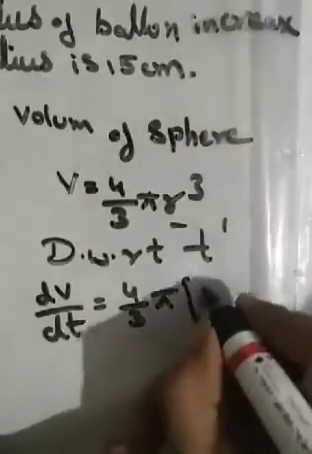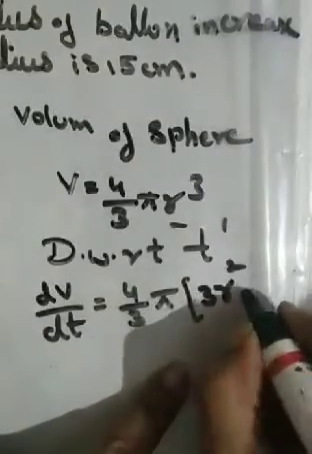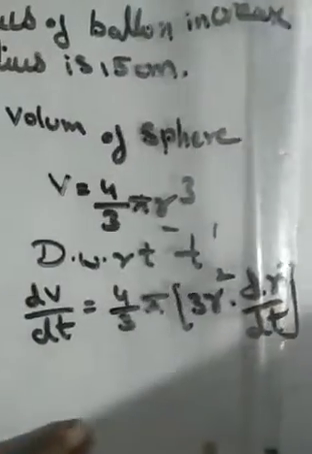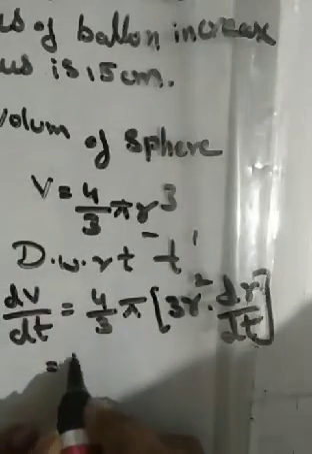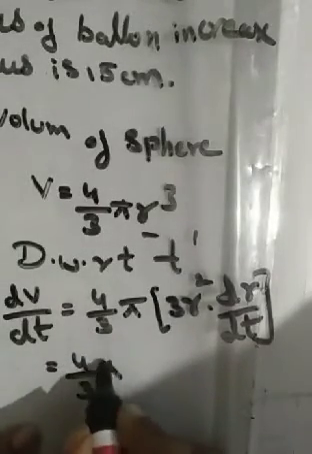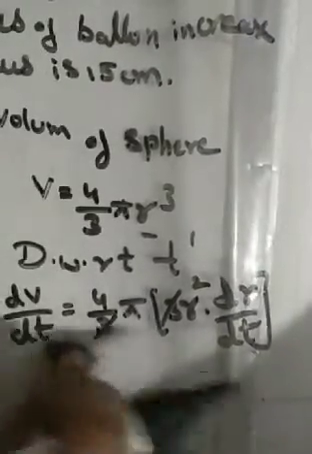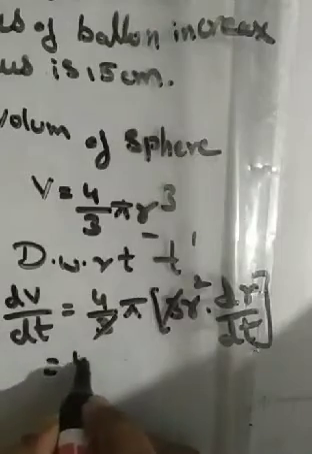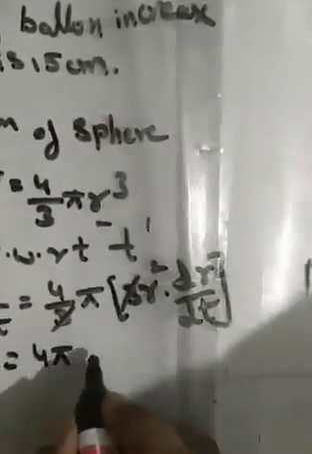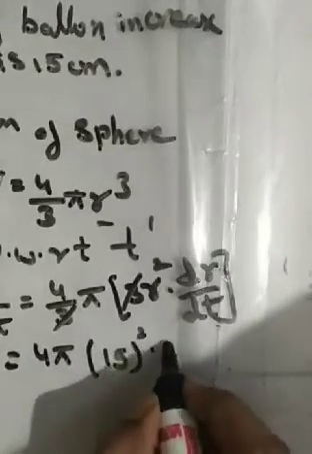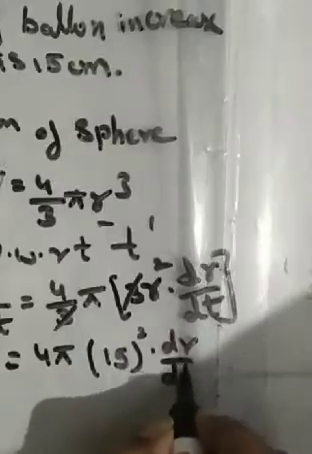The r derivative is 3r square into dr by dt, which is equal to 4 by 3 pi. Here we can cancel, where the 3 gets cancelled. So the left term will be 4 pi. What is the r value? r is 15 square into dr by dt.